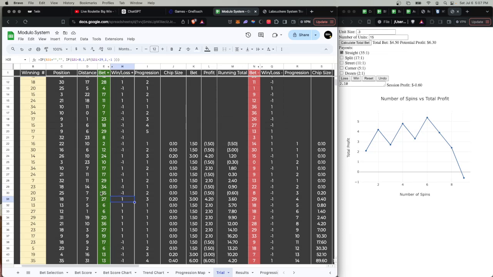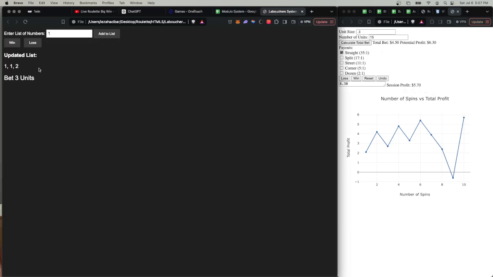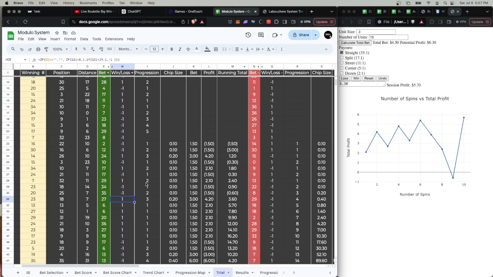So our next bet would be on the positive side, and you can see that we won. So we go back to our progression, we win. So now we're on a 1 unit bet again. And we win. So to win.